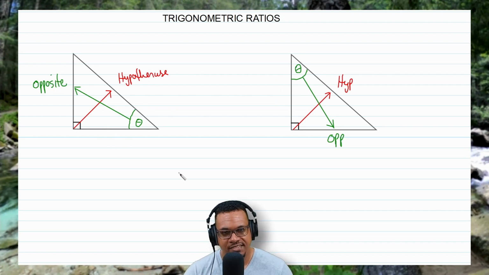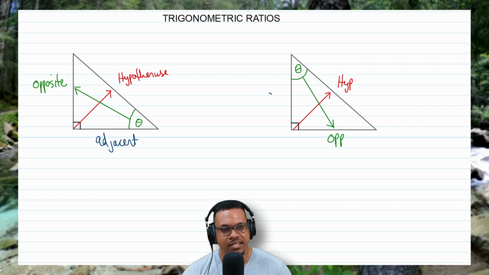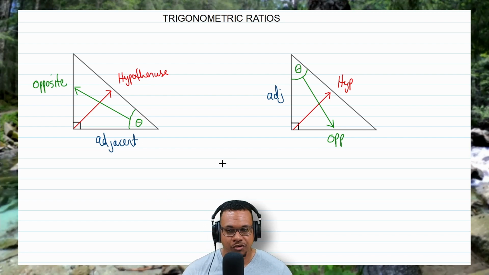We're going to call the remaining side the adjacent side, and I'll put ADJ for short. So we can see that these two right angle triangles are labeled differently depending on the position of this angle theta.